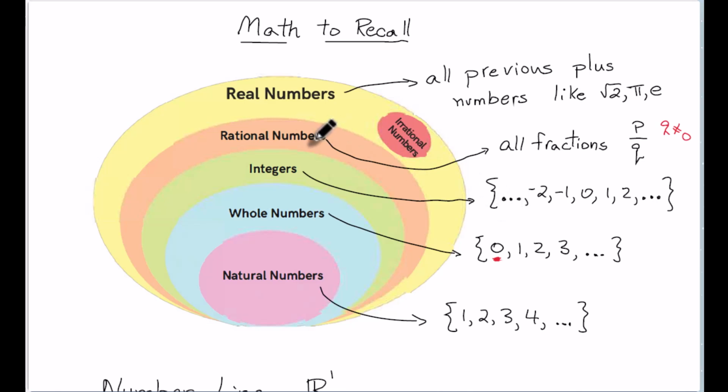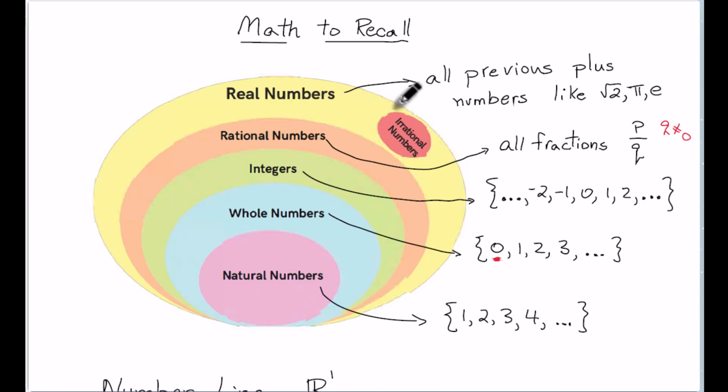The rational numbers. Rational numbers mean all fractions. Everything that's writable in the form of P over Q. P and Q can be anything you like, just not the bottom being 0. And even bigger yet, we have the collection of real numbers.